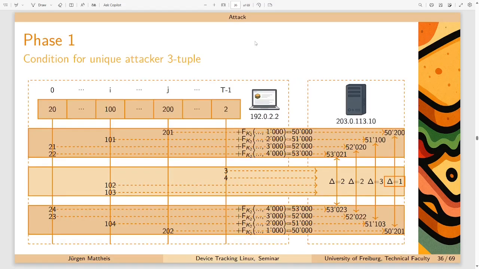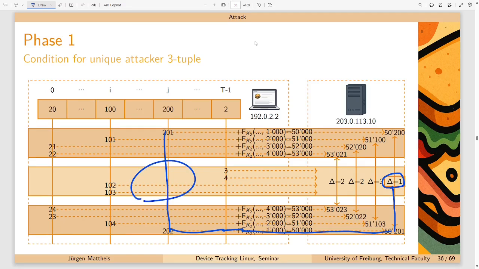And now I want to deduce the condition to determine that. I made a little example here. If we know that the source port increment was only 1, like over here, then this means, if we follow the paths over here, we add the fk2 hash and follow up here, we see there was no collision in the filling step.